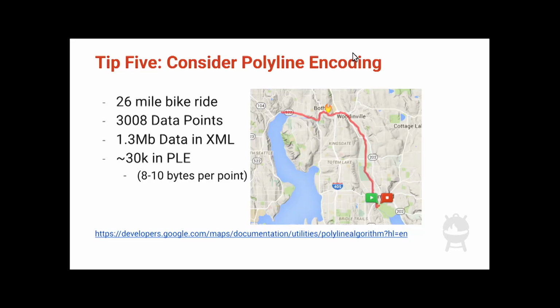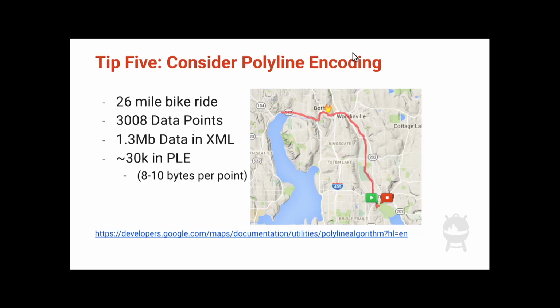On my 26-mile bike ride, 3,008 data points, when using polyline encoding was about 30K. Okay, that's a lot less than 1.3 megabytes, right? And so if you're building an application that does something like my dog walker or plots anything on a map and you need to store that data, consider polyline encoding.